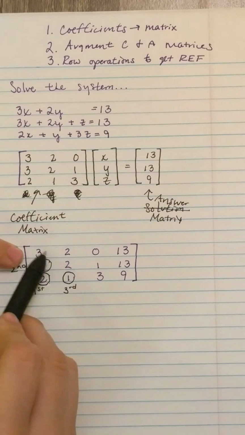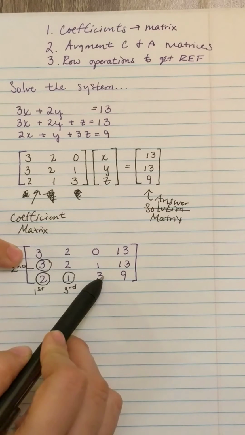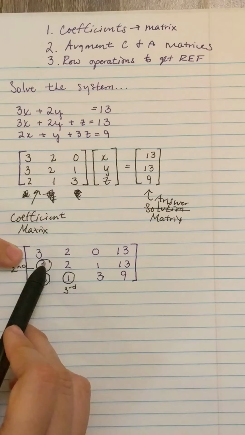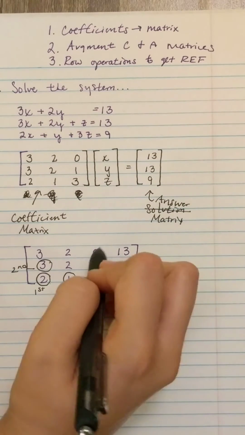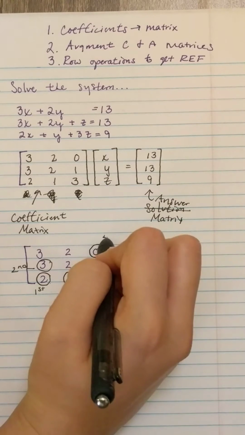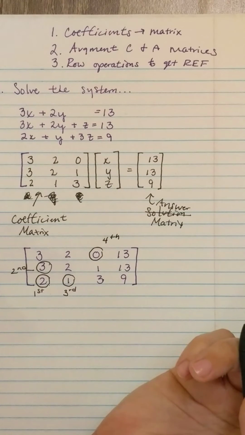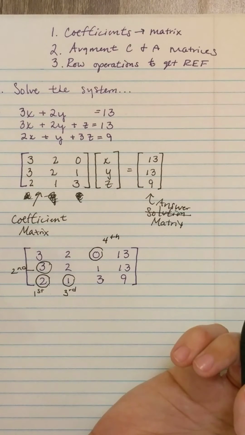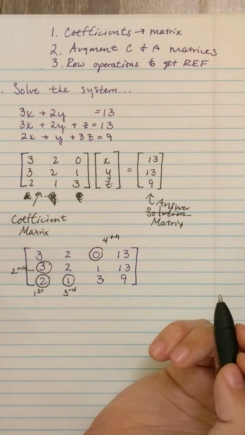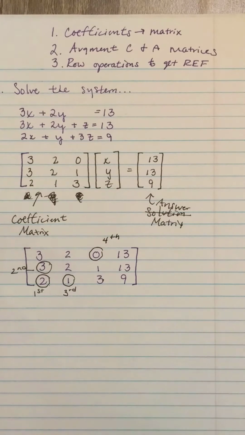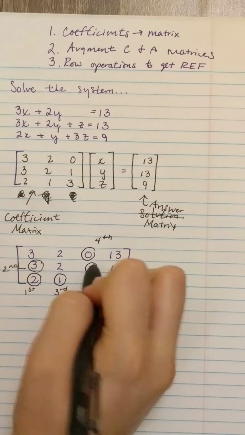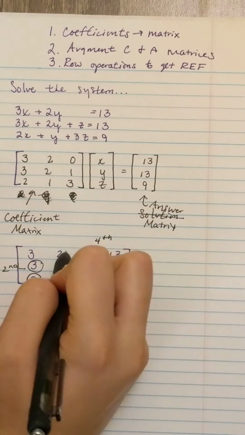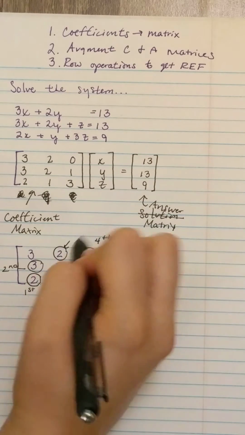And then you'll have your diagonal, your pivot points, and then you'll have a lower triangle of zeros. And then you can start getting your upper triangle of zeros. And then here, and then last here.